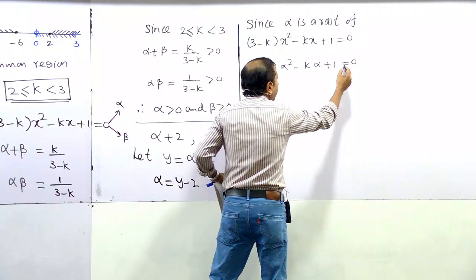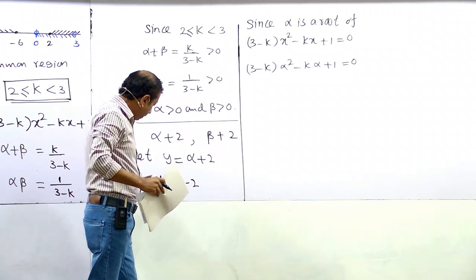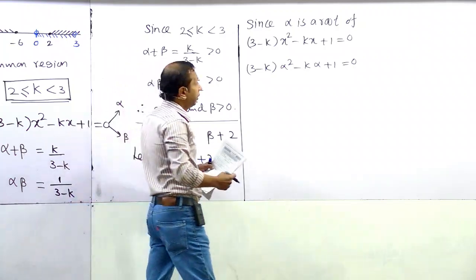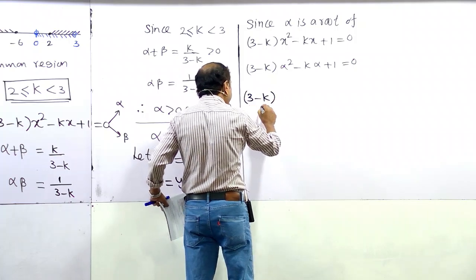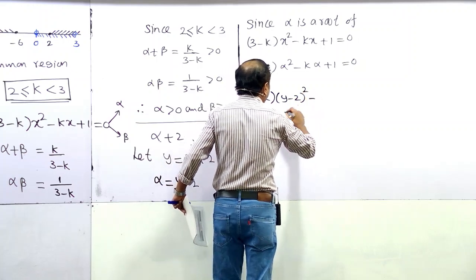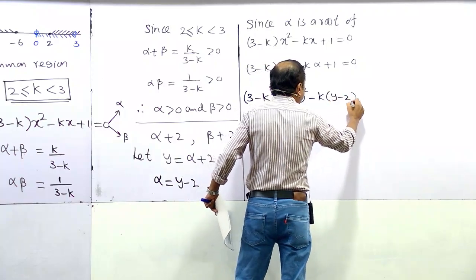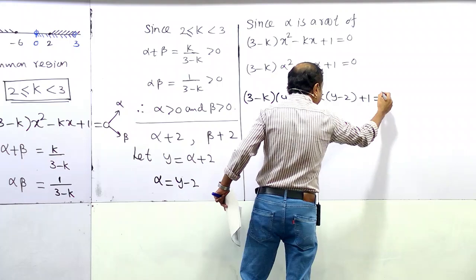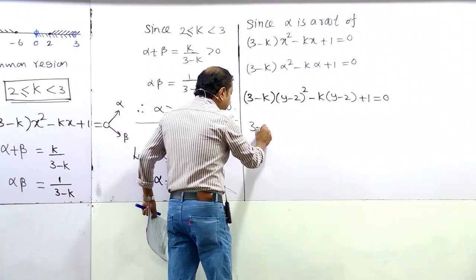Now, substitute for this alpha, y minus 2. Put y minus 2 for alpha: (3 minus k)(y minus 2) squared minus k(y minus 2) plus 1 equals 0. Now simplify this. 3 minus k.